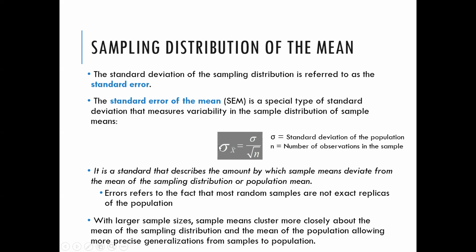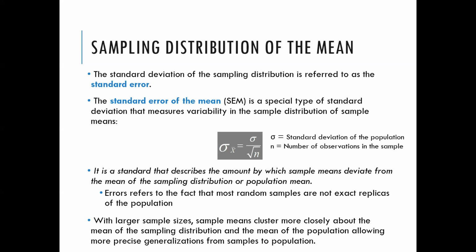The standard error is equal to the standard deviation of the population, denoted by sigma, divided by the square root of the number of observations in our sample. It describes the amount by which sample means deviate from the mean of the sampling distribution, or the population mean.